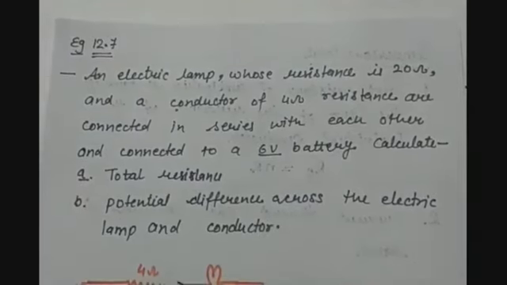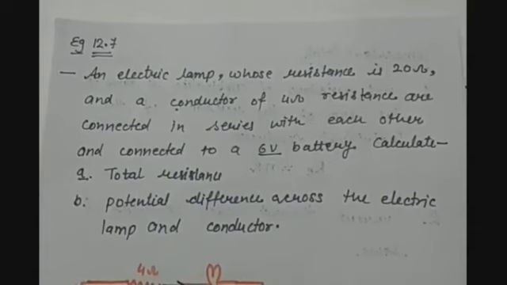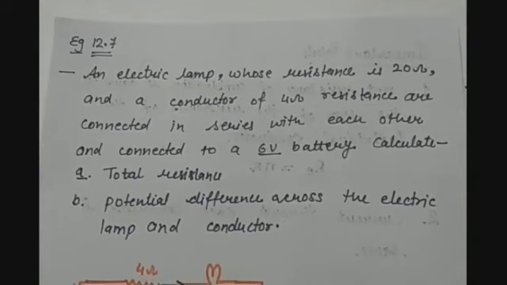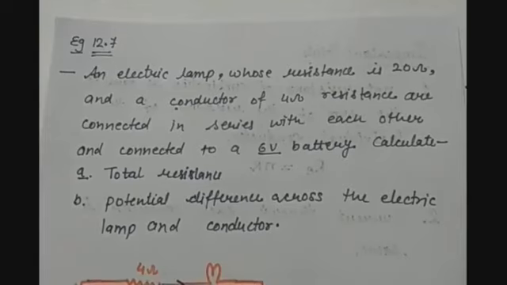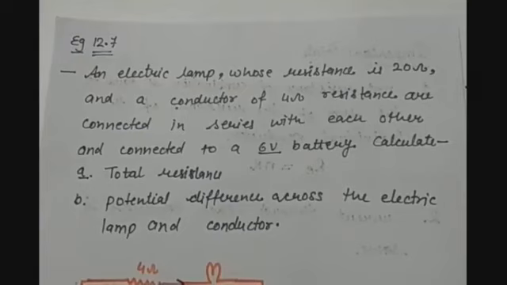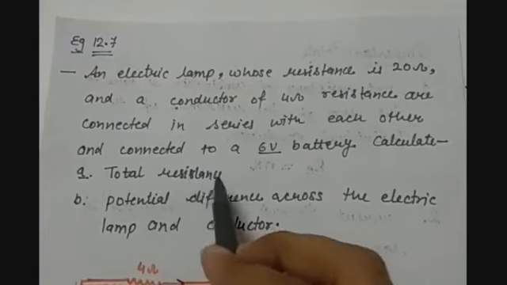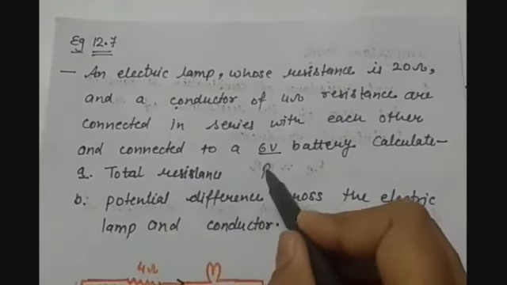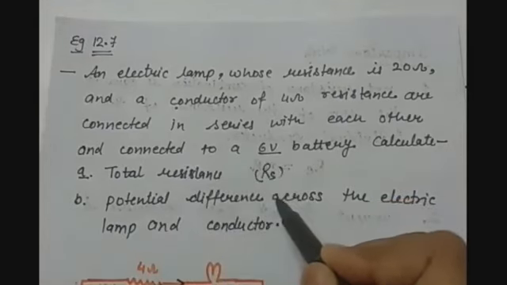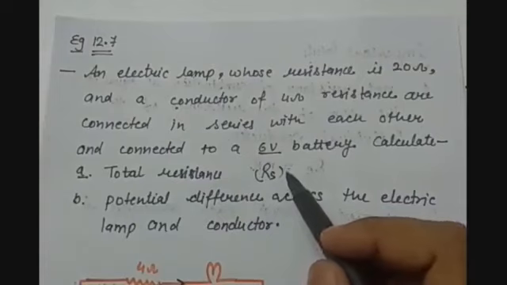That means we have been given two resistances, because the electric lamp is also a load and has a resistance of its own. So two different resistances of 20 ohm and 4 ohm are given to us. A potential difference of 6 volt is there. And we have to calculate the total resistance, that is the equivalent resistance RS of the series combination.